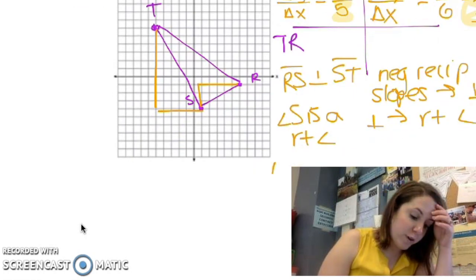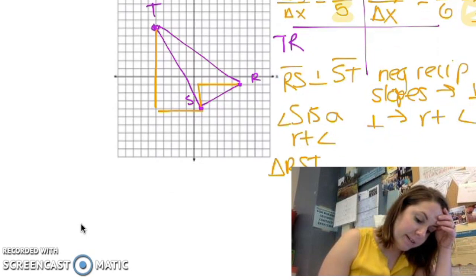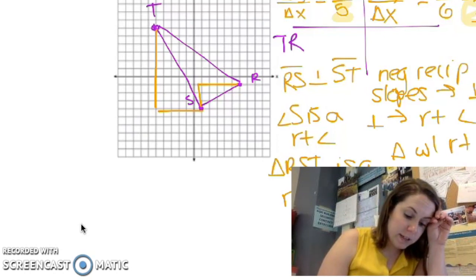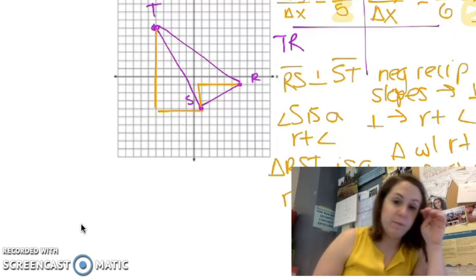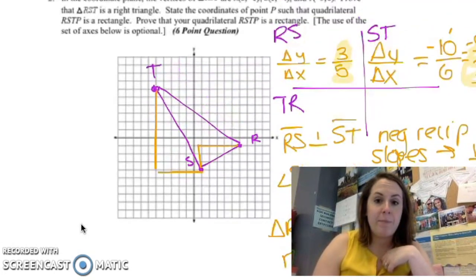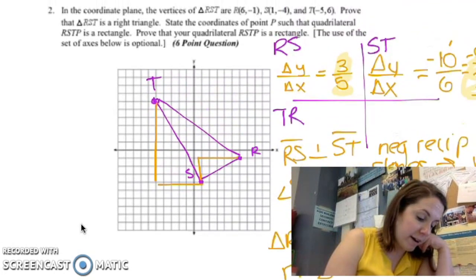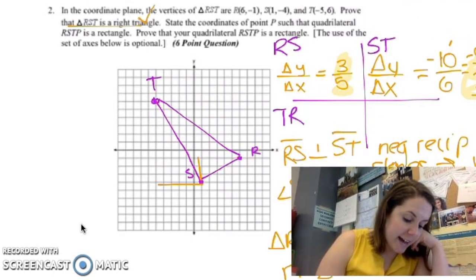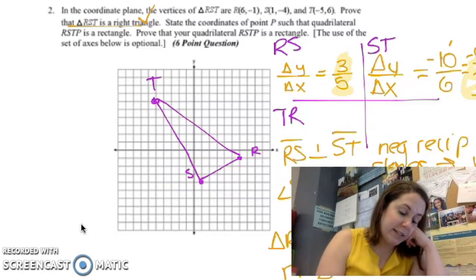And that means that triangle RST is a right triangle because a triangle with one right angle is a right triangle. So that's the first part of my proof. That's the part of my proof that shows that this is a right triangle. So check that off. Now it says state the coordinates that would make this a rectangle.